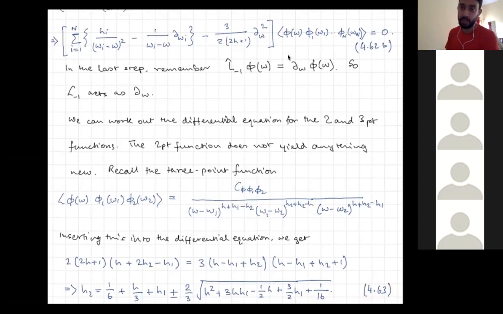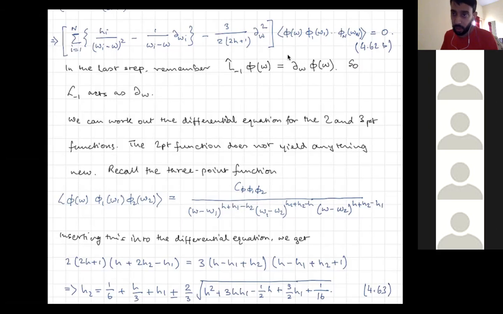Okay, so there is a relation between three fields phi, phi1 and phi2. The weights of these fields have to be related in a certain manner. So just because of the fact that there is a null state at level 2, any field in a CFT that has this null state at level 2 has to obey this: if the 3-point functions are to be non-zero, then the weights have to be related in a certain way.